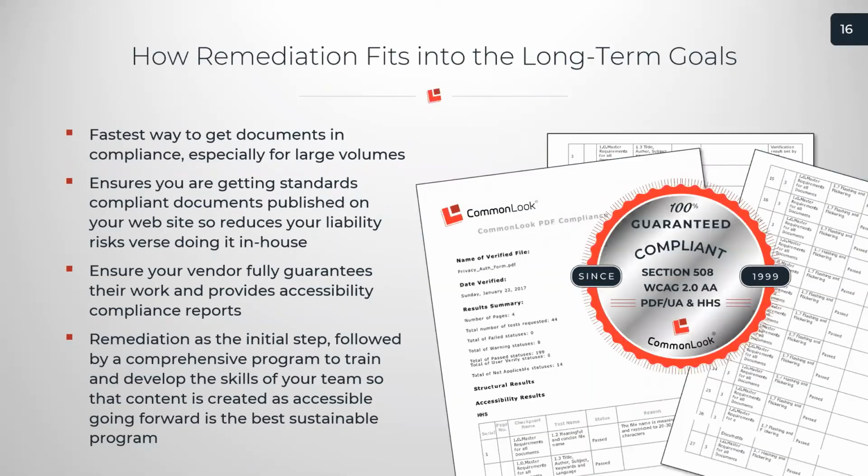Perfect. And when it comes to a long-term solution or meeting your goals, we touch base on remediation. For Common Look, we actually call our remediation services the easy button of accessibility. So the reason for this is you can take all of your documents and send them over to our remediation team and have them fix the files and send them back to you.